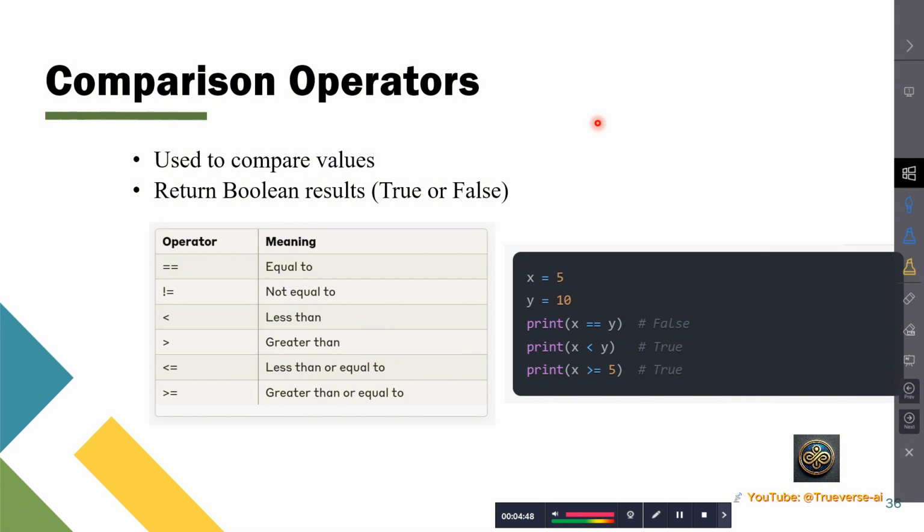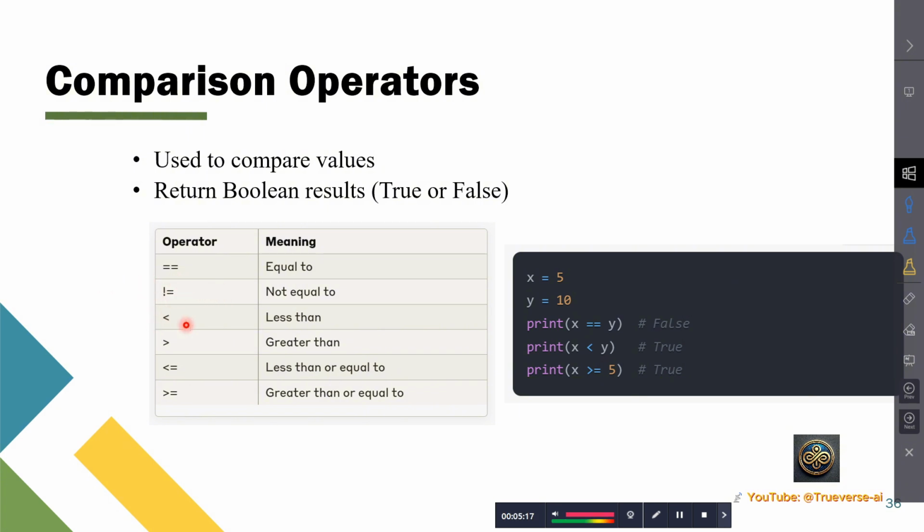So comparison operation. For comparison operation, equal is two equal signs. Exclamation mark equal means not equal. This means this is not equal to this number.